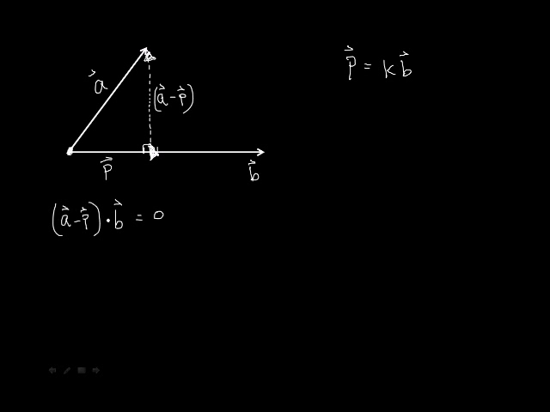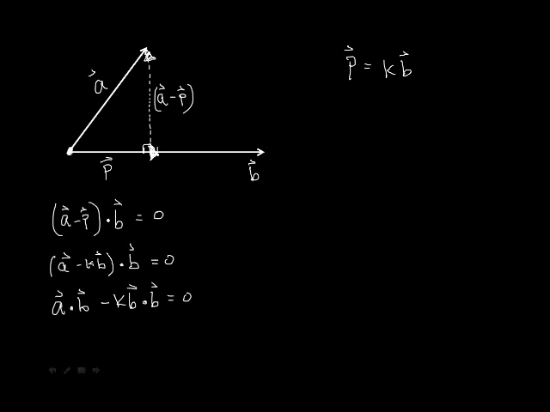Now if I replace vector P with K times B, what I have in the brackets is A minus K times B, scalar product with B. And that's 0. Now I can distribute B inside the bracket. I can FOIL it in. That gives me A dot product with B minus K B dot B, and that's still 0.